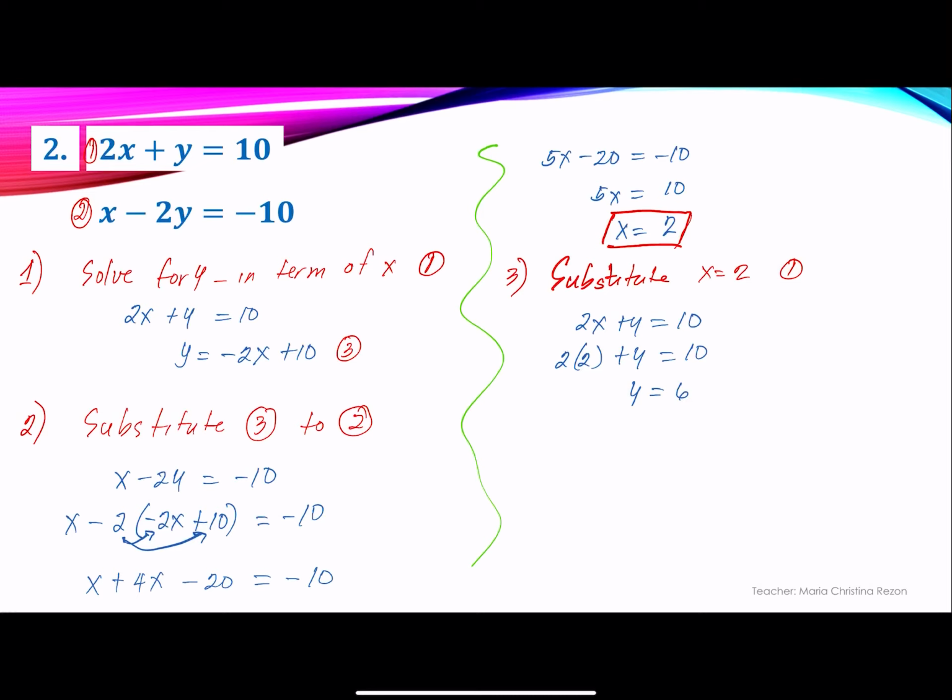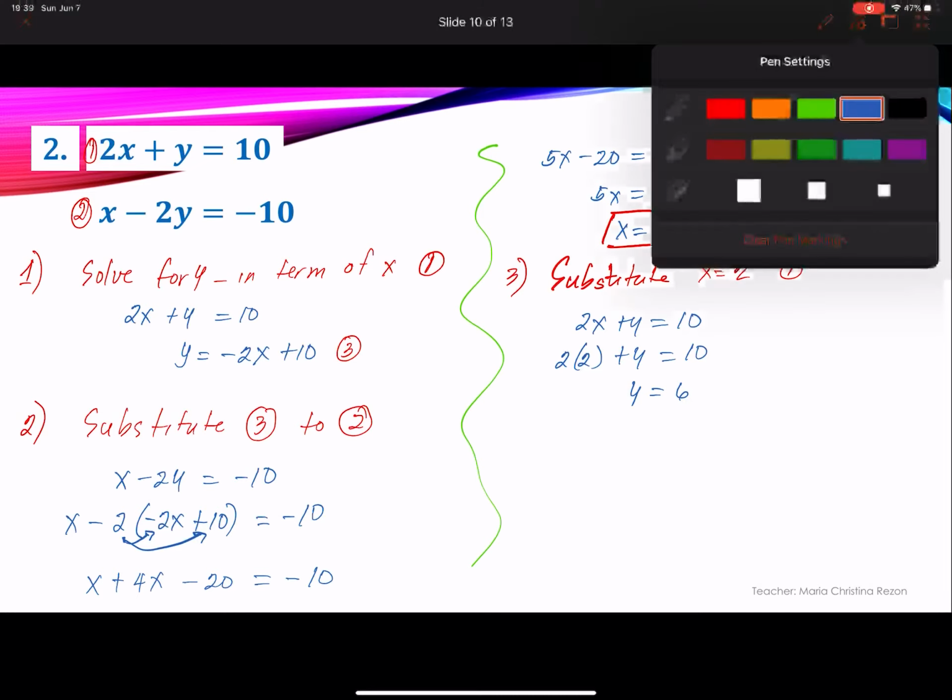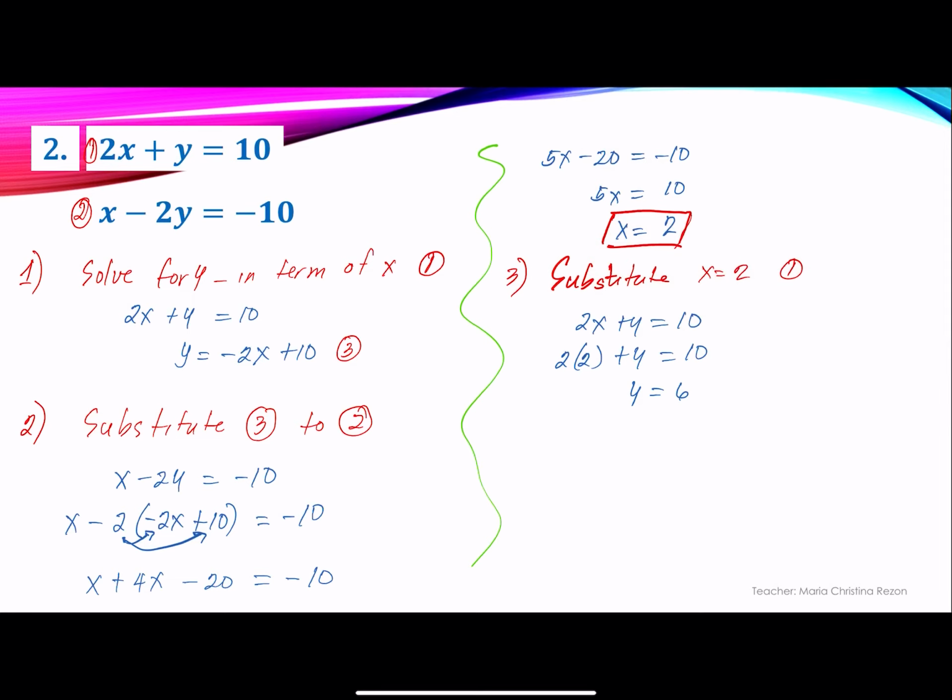And you have now your solution. So that is y is equal to 6. Therefore, the solution is the ordered pair (2, 6).